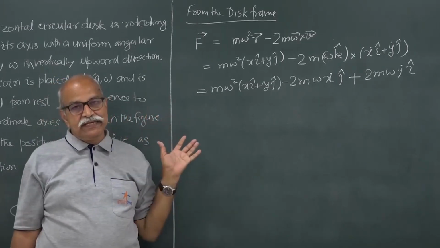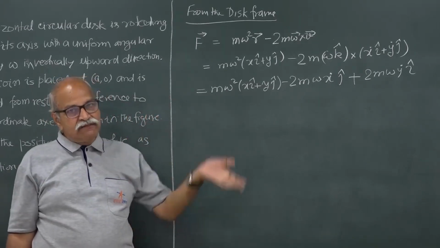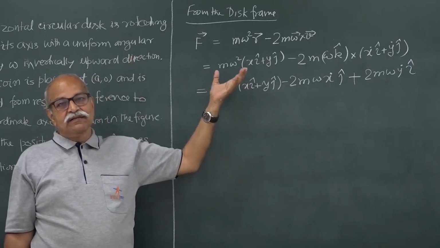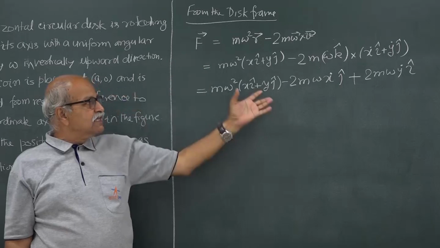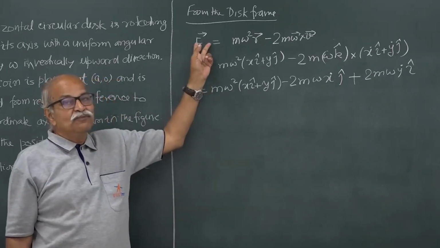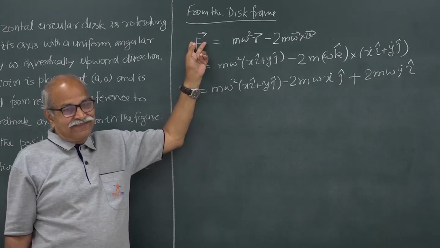Remember, we are using the rotating frame. This force does not exist in reality, but if I use these forces, I can use Newton's second law. I can write this force is equal to mass times acceleration, right.